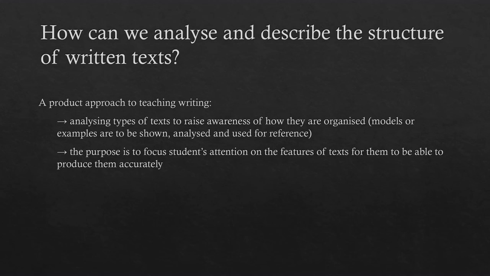So I always recommend to start with a model, an example, right? So let's imagine that this is an essay. The first thing is to think about the topic of an essay. Later, show your students the essay, the example essay you have.